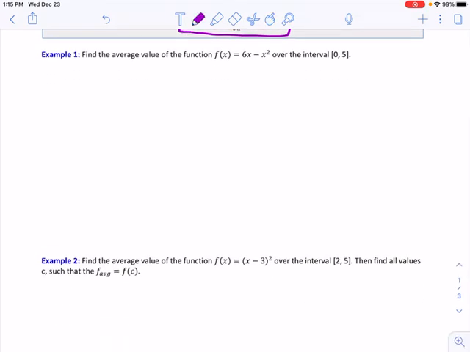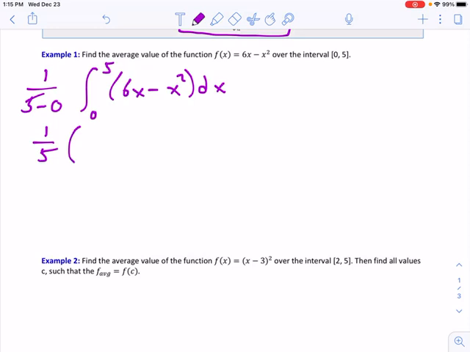All right, so 1 over b minus a is going to be 1 over 5 minus 0 times the integral from 0 to 5 of 6x minus x squared dx. So 1 over 5 minus 0 is clearly 1 over 5.